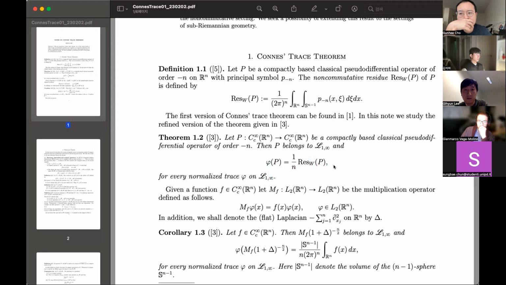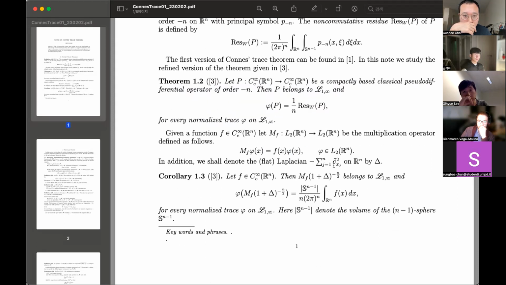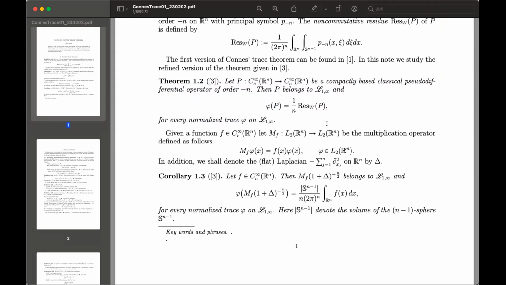So why is this theorem very important? As I will explain next time, this trace on the left-hand side can be defined just by using the purely spectral data of the given pseudo-differential operator P. And whenever we apply this theorem to this pseudo-differential operator, here M_f is the multiplication operator given by a function f, and here delta is the Laplacian, and (1 plus delta) to the minus n over 2 is defined by the technique called the functional calculus in functional analysis.